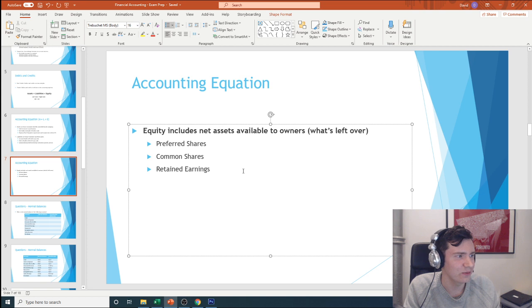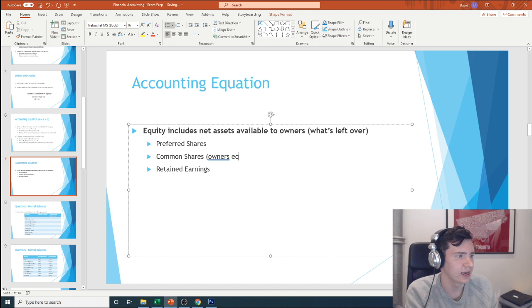So yeah, equity at a basic accounting 100 level, sometimes you might not even have common shares or preferred shares. Sometimes it'll just be called owner's equity, which is the same thing because that's the amount of equity in the firm. Sometimes it's also called just capital.